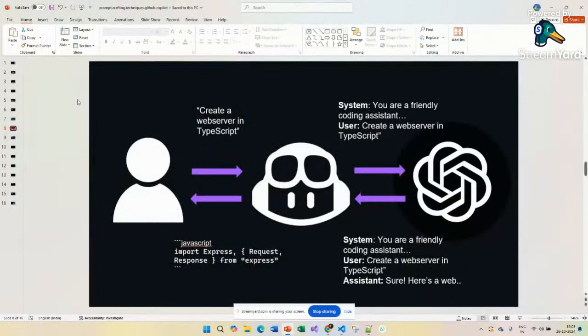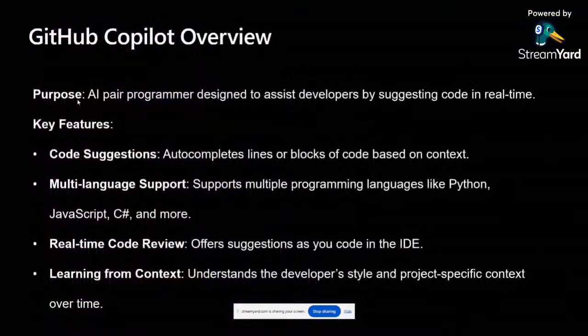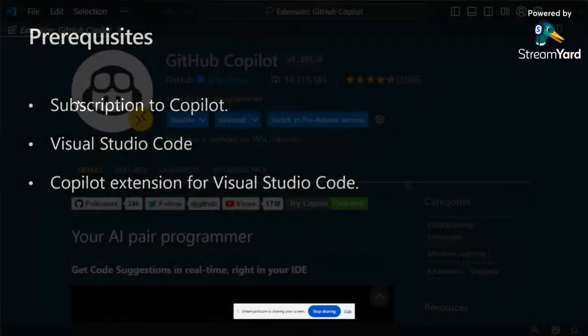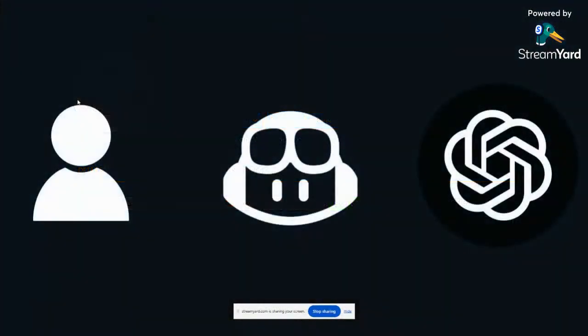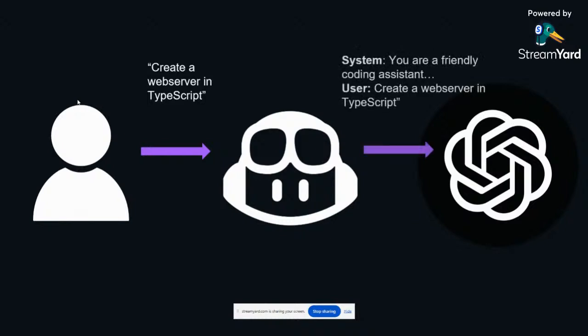So how does it work? Let me show here. When I type a prompt like create a web server in TypeScript, it goes to Copilot.